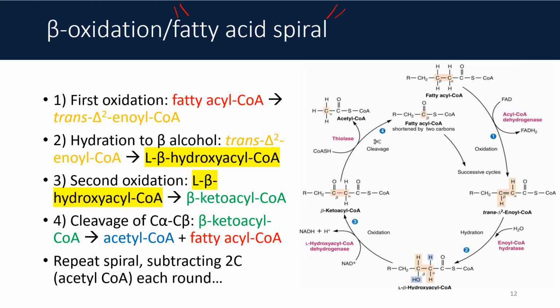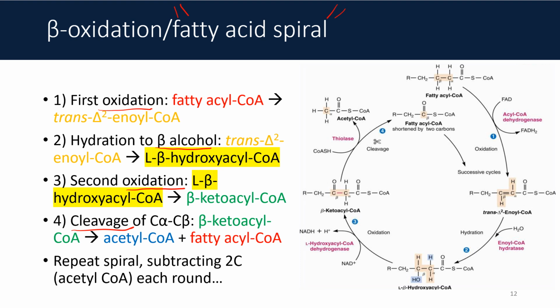moments. I want to first talk about the goals and the general motions of the fatty acid spiral before we dive into the chemical logic of the 4 enzyme catalyzed steps, which are namely going to consist of an oxidation, a hydration, a second oxidation, and then a cleavage reaction. So what is the goal of the fatty acid spiral?